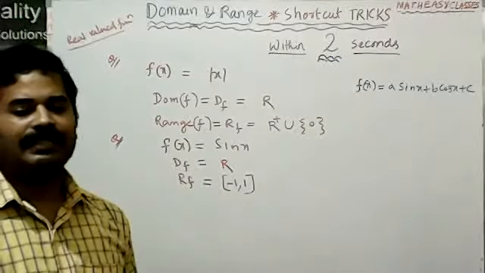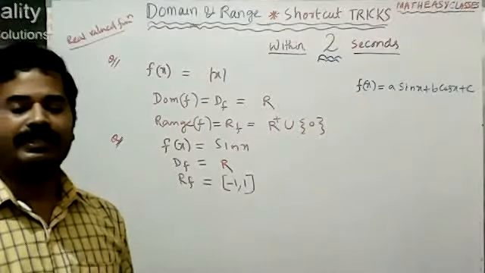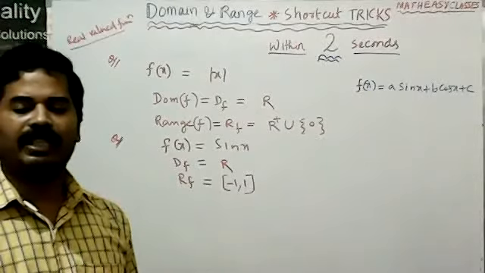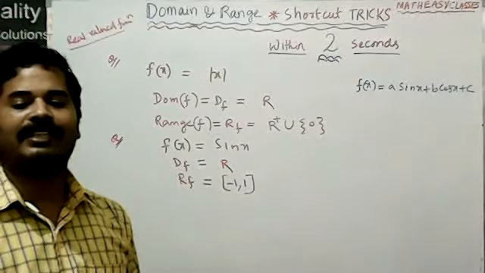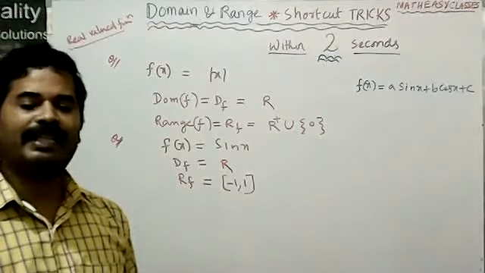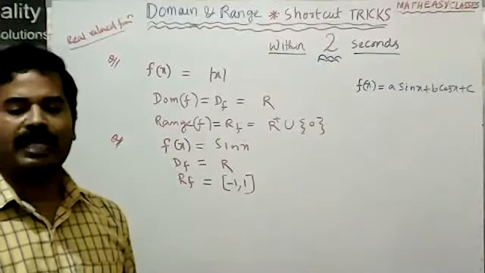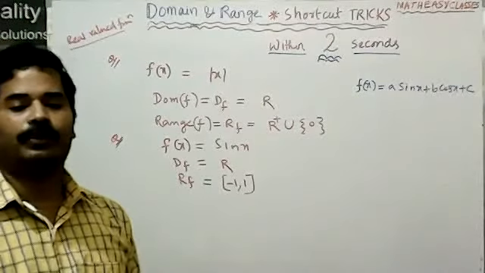How can you say that easily? There is a technique for it, and you have to apply that technique very easily, within 2 seconds. It could be less than as well. Very easily you have to calculate and find out the range.